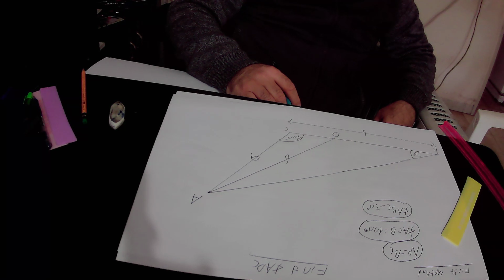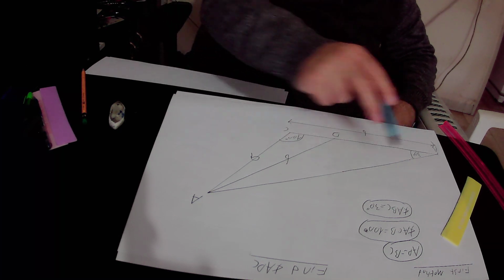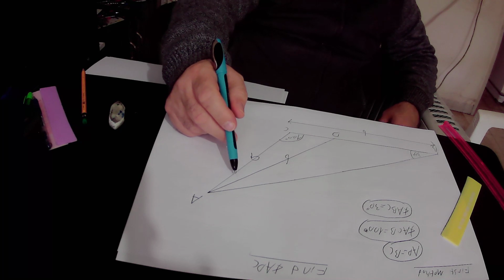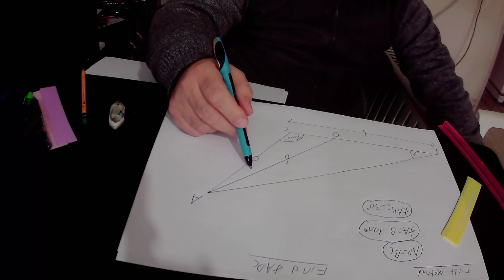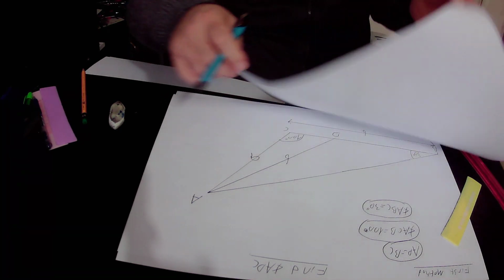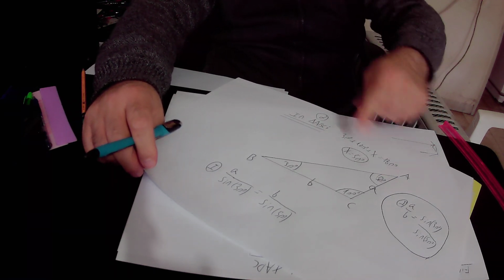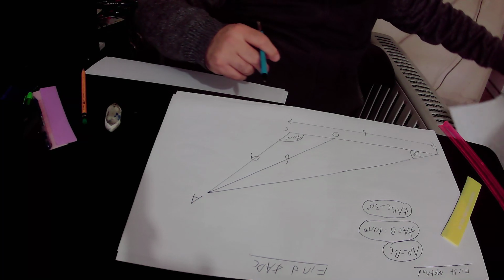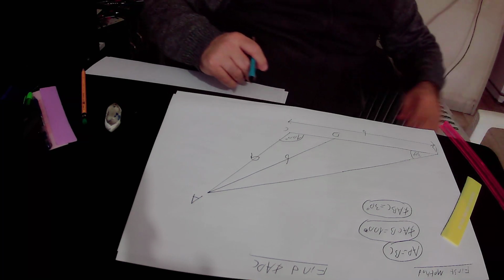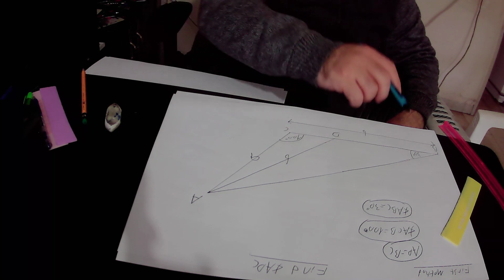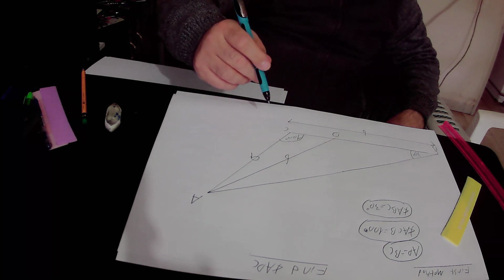But first of all, we know that angle BAC equals 50 degrees. We have already found that.